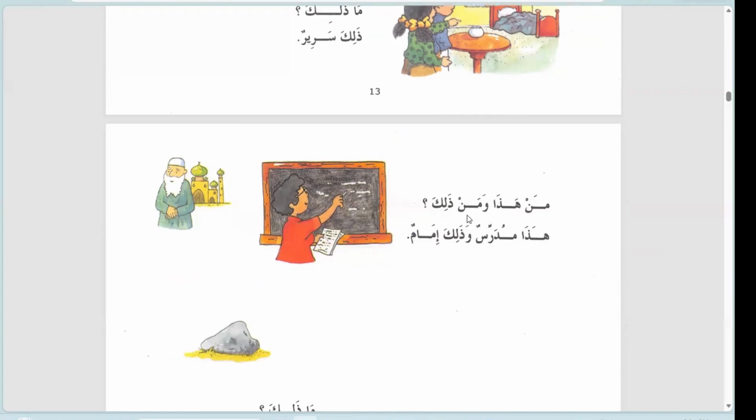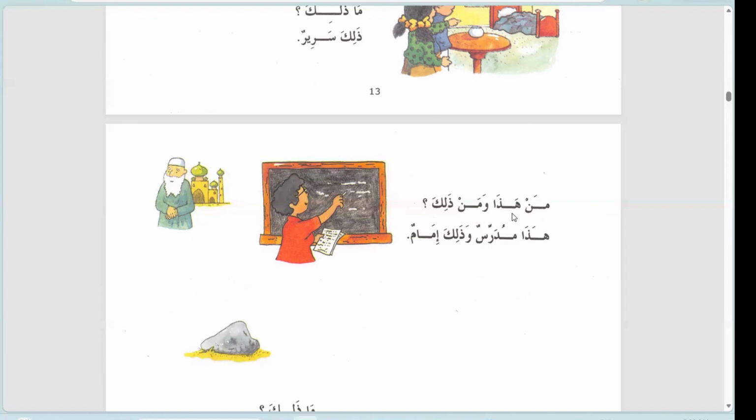من هذا ومن ذلك. Now we have هذا, which is used to point at things that are nearby, and ذلك, which is used to point at things that are away. Man. There is no ma, there is man. The difference between man and ma is that man is ismu istifham lil aqil, for humans.